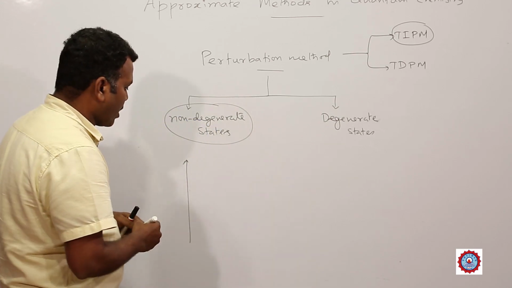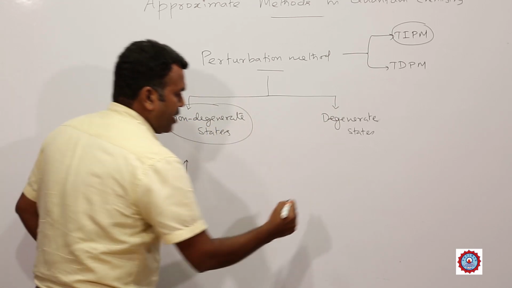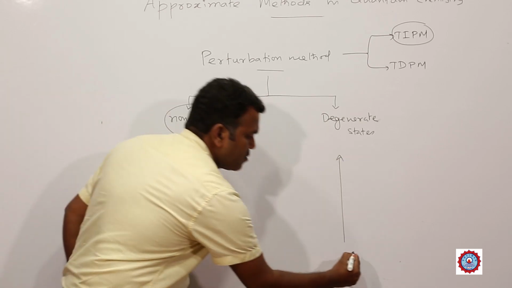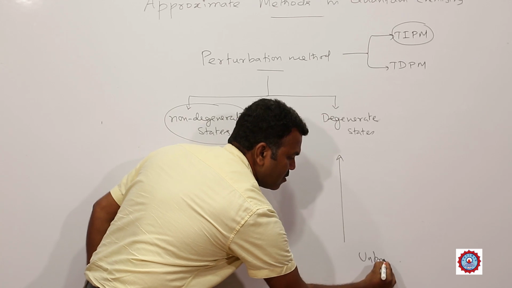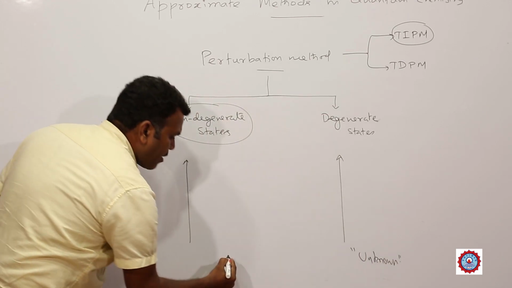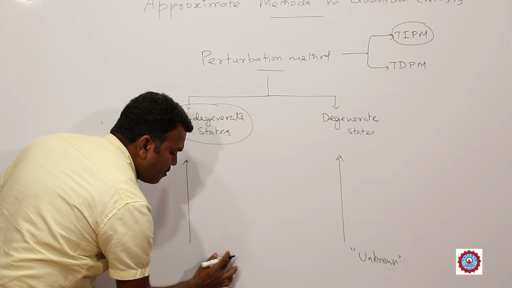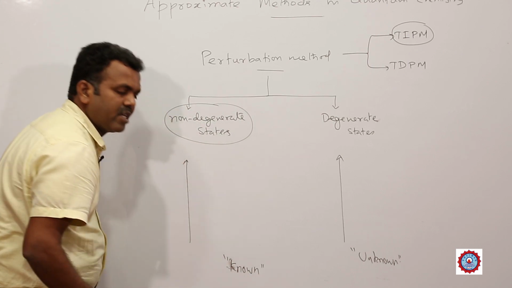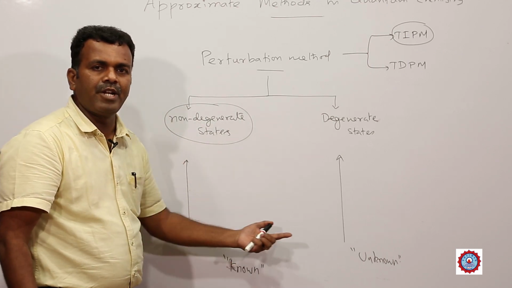So, if you want to calculate the wave function and energy for the unknown system, we should choose a known system.